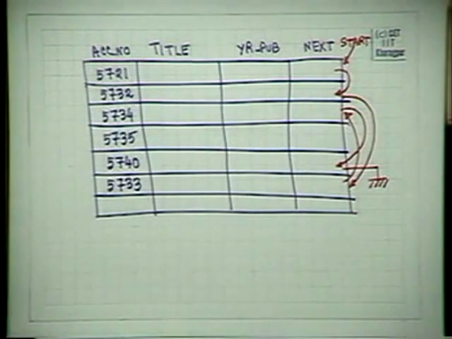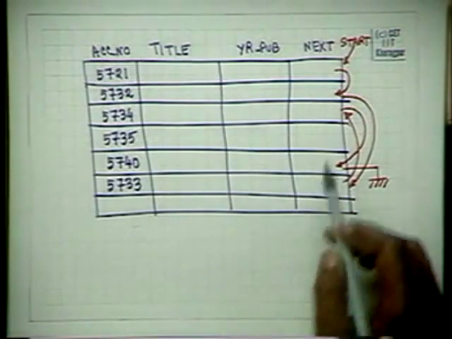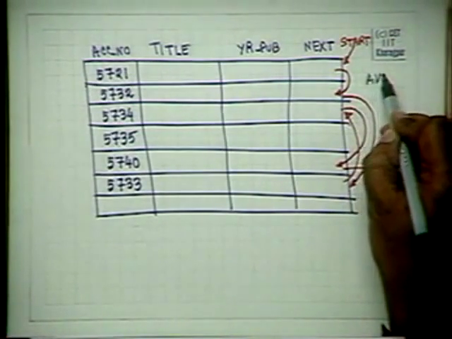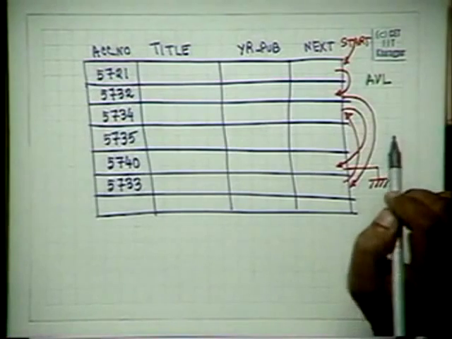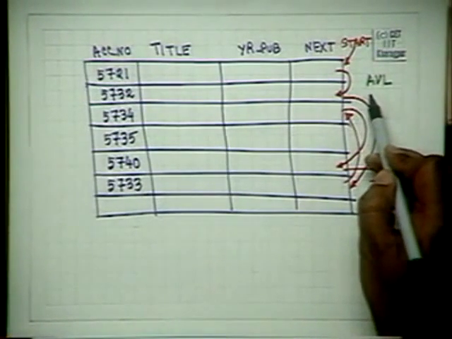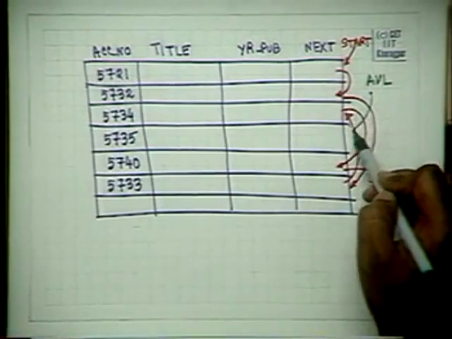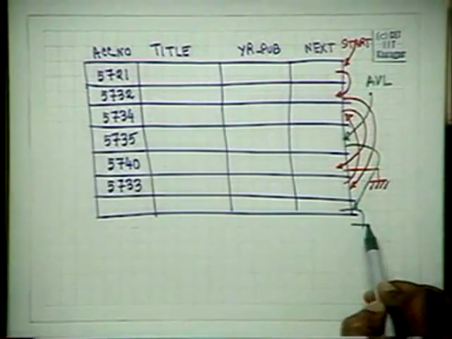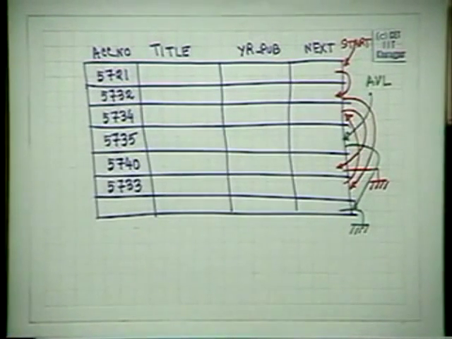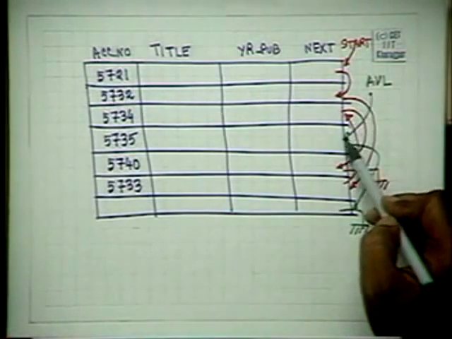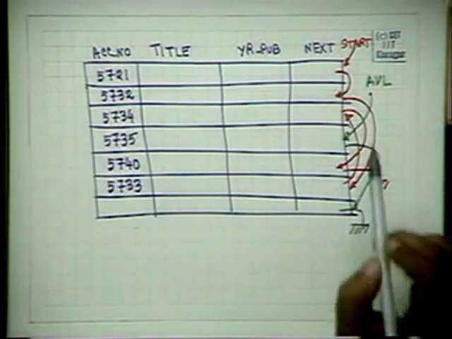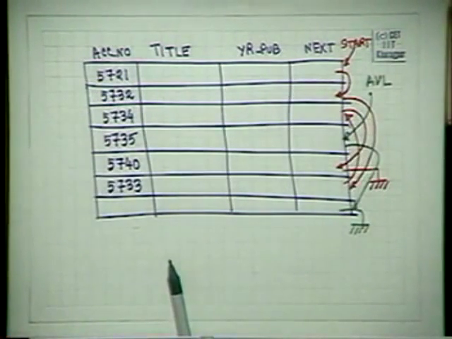Now additionally, we will have another pointer structure using these next pointers only, which we call the available list. The available list will point like this, like this, and this. This is the available list. The green colored ones will point to the free records.